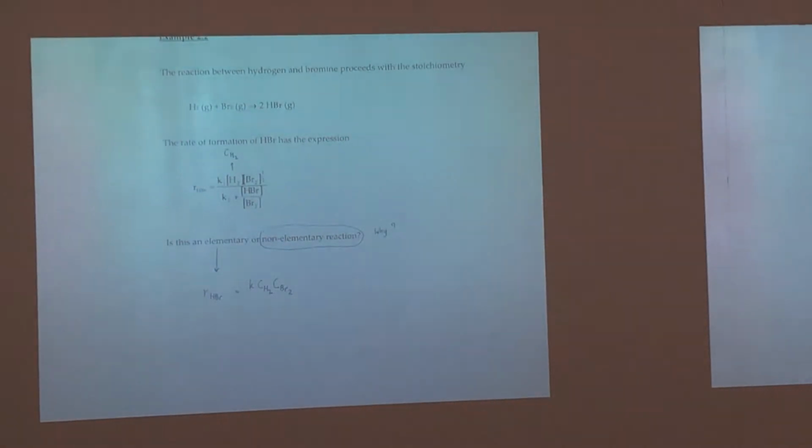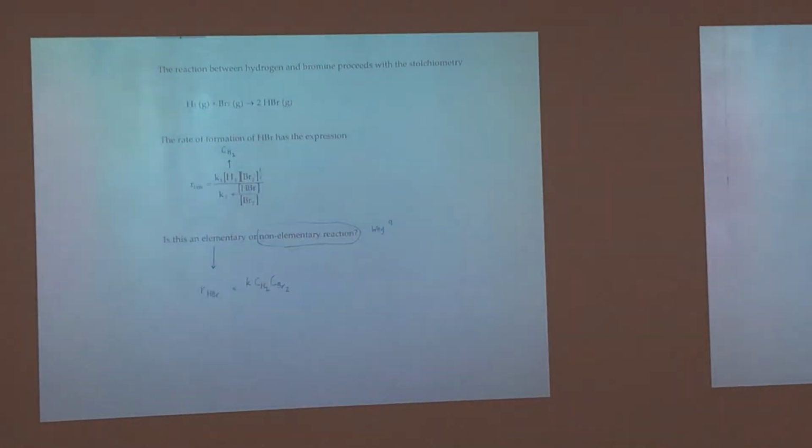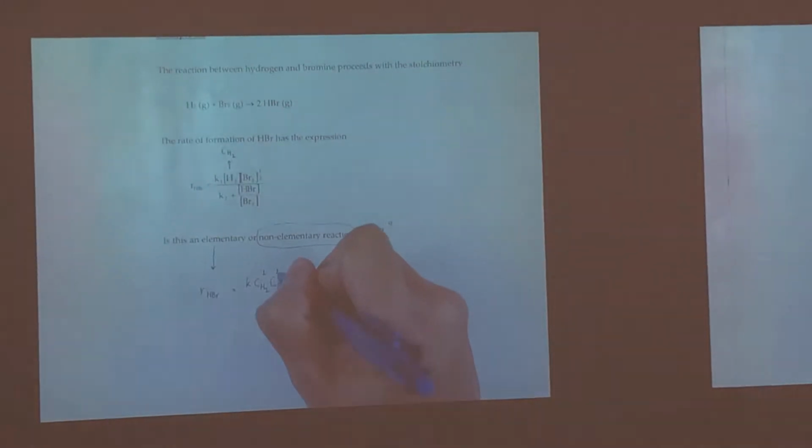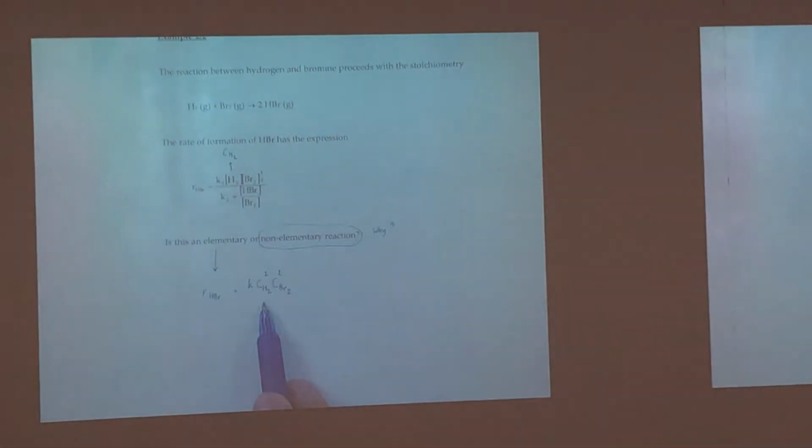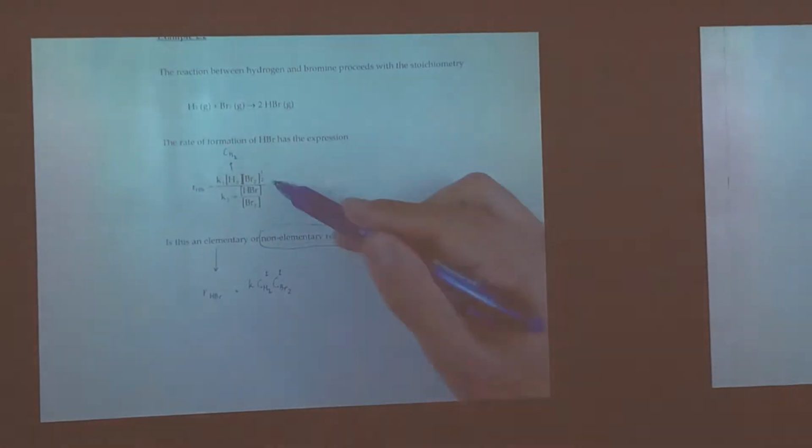Someone already got it. So if this is an elementary reaction, the rate of formation of HBr must be like this, compared to this.